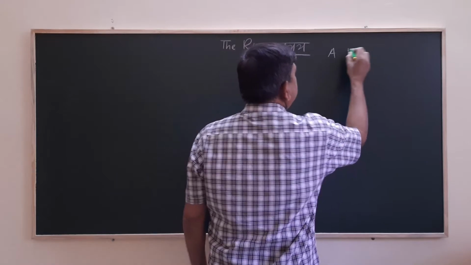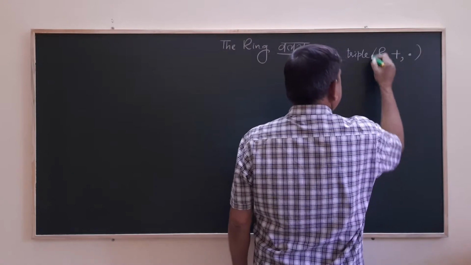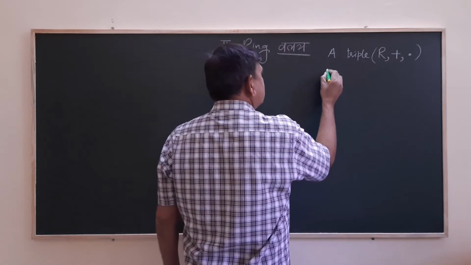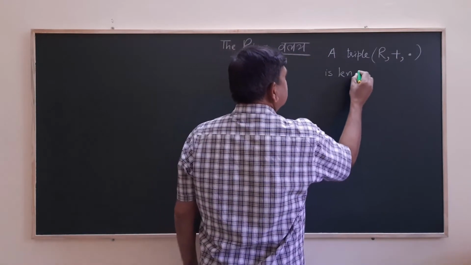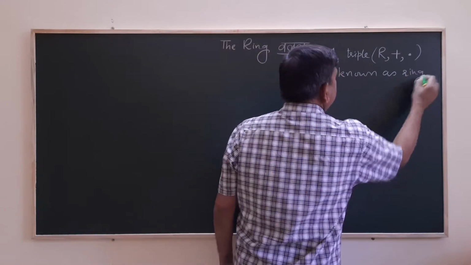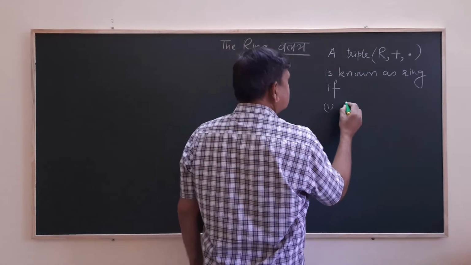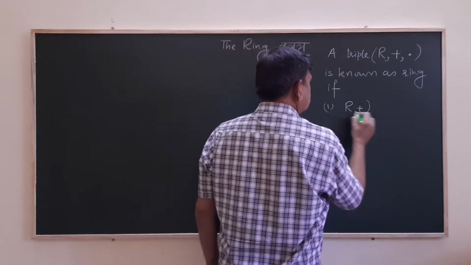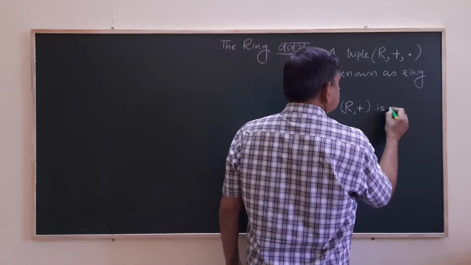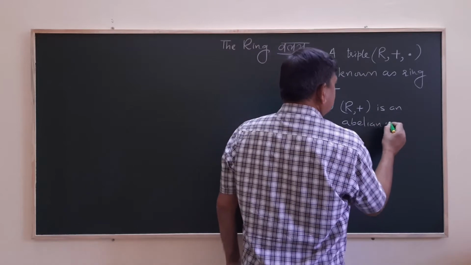A triple is known as a ring if, first, it is an abelian group.